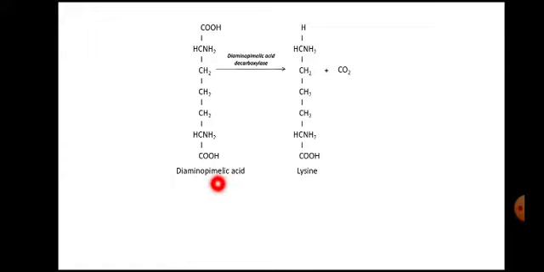This is the biochemical reaction. This is DAP, diaminopimelic acid. So DAP decarboxylase enzyme converts this to lysine through a release of one CO2 molecule. It is a decarboxylase, so one molecule of CO2 is released.